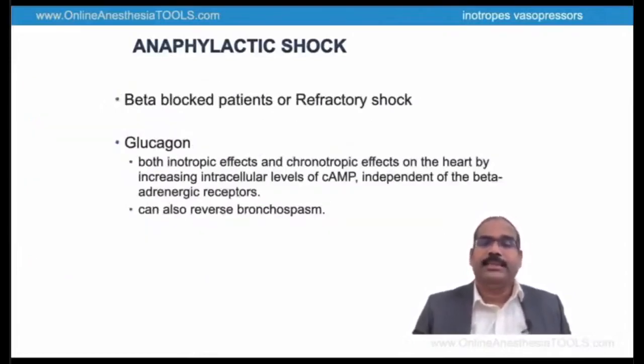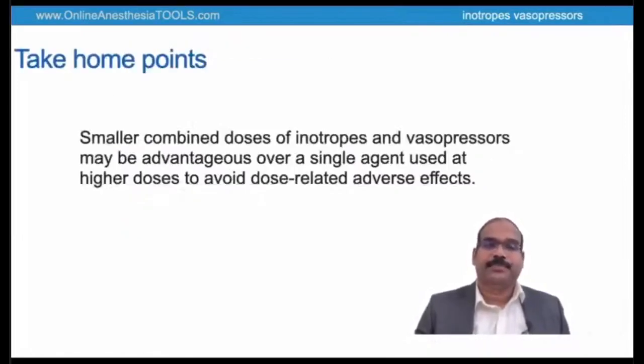Beta-blocked patients or refractory shock present special challenges. You may have to use glucagon for inotropic and chronotropic effects on the heart by increasing the intracellular cyclic AMP, independent of beta adrenergic receptors, which can also reverse the bronchospasm to some extent.